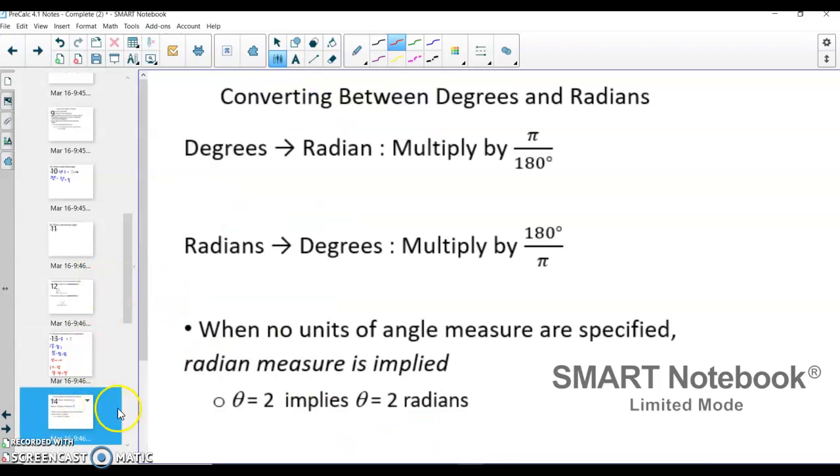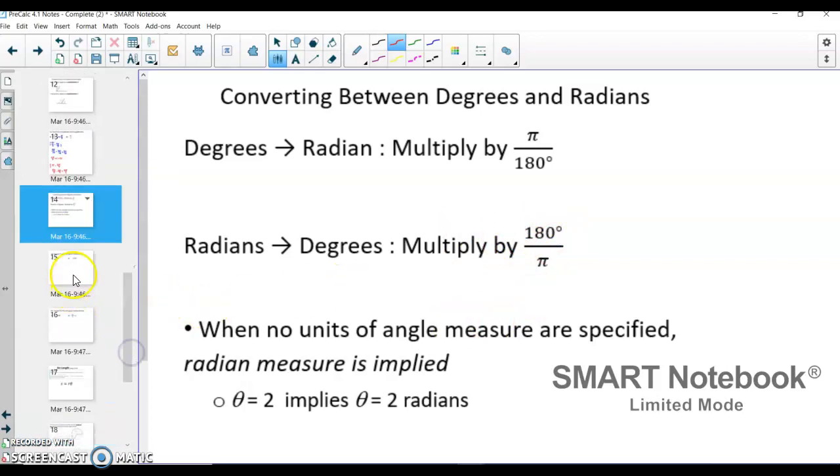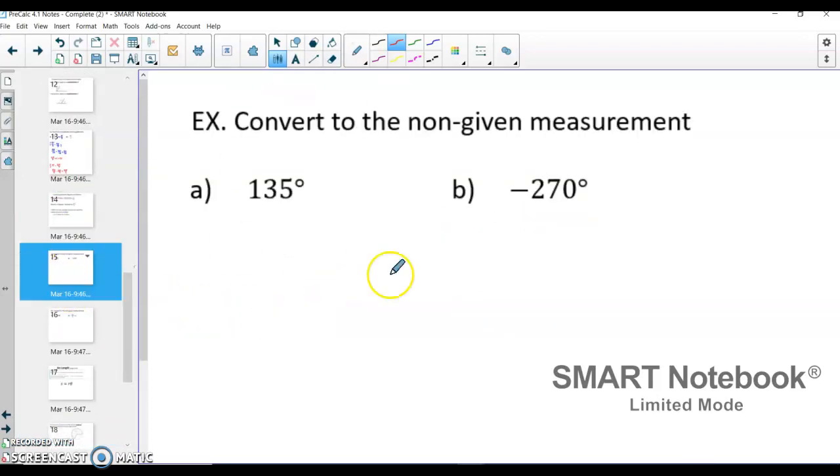All right, big one here, one to take notes on. If we want to go from degrees to radians, we multiply by pi over 180. If we want to go from radians to degrees, we do 180 divided by pi. We'll show a couple examples here, with maybe 135. I use my calculator a lot on these. And so if I want to go to radians, I need to multiply by pi over 180.